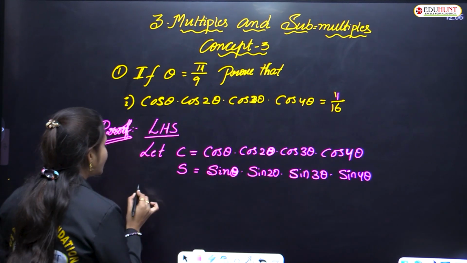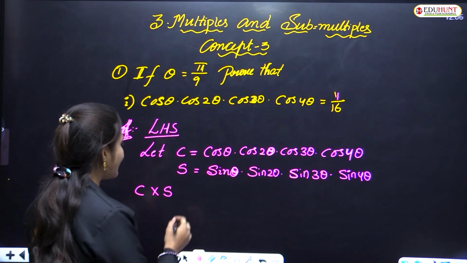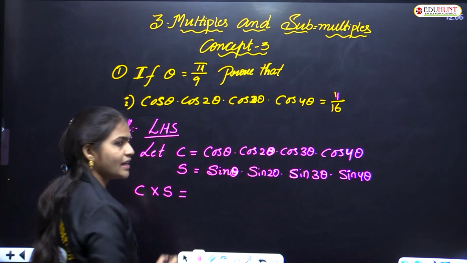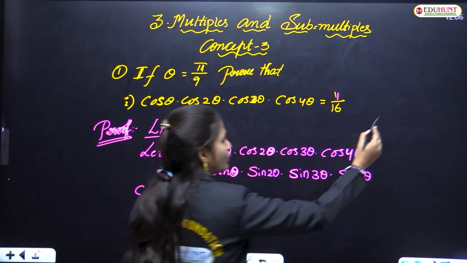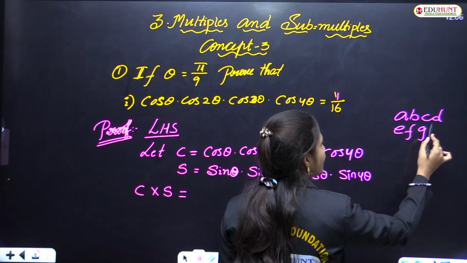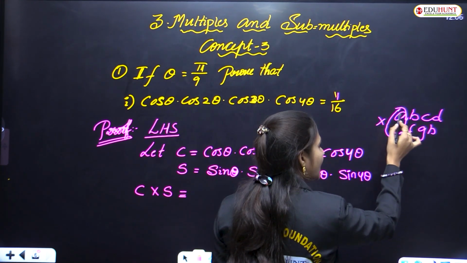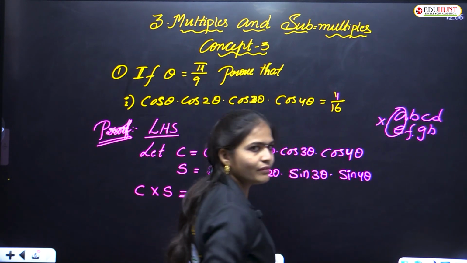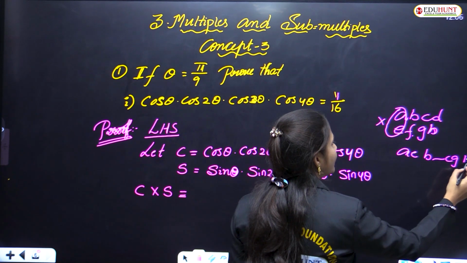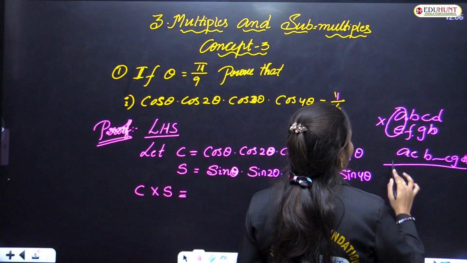Now I want to multiply C and S. Then we will get cos theta into sin theta. Say ABCD multiplies with EFGH; then we can take the product of A with E, B with F, C with G, D with H. In this manner we can write it.